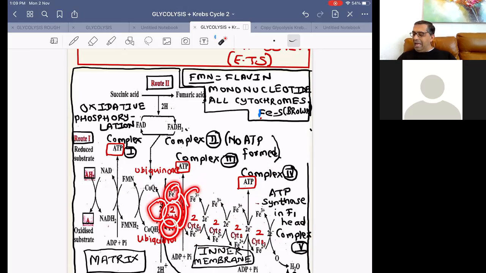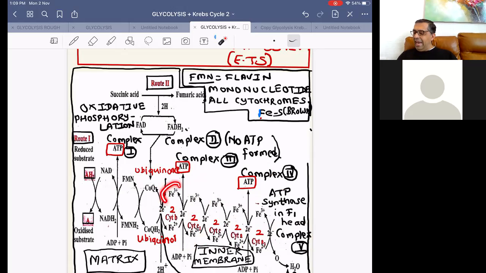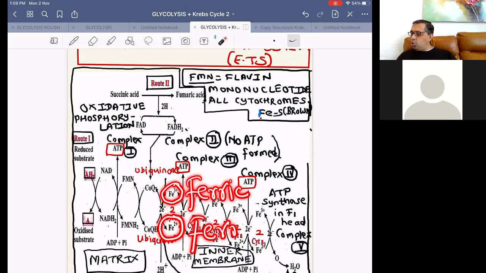So ferric becomes ferrous. And that is also called reduction.